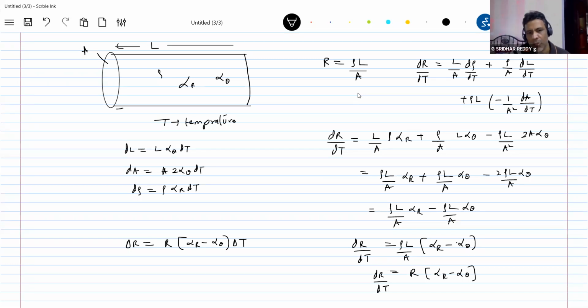So there are these two different parameters. As you raise the temperature, the material must expand, and the distance between any two points on the material must increase. Because of that, the resistance also must change, because the dimensions will change.